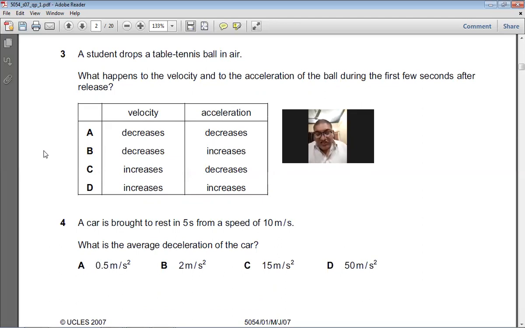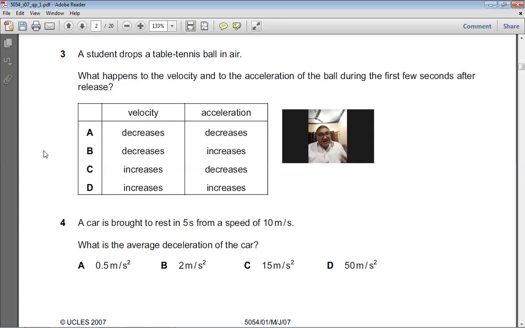So as the ball starts falling downward, its velocity increases. So when the velocity increases, the air resistance also increases. Air resistance is opposite to your motion, the body which is falling downward. So the resultant force, which will be weight minus air resistance, will gradually decrease.